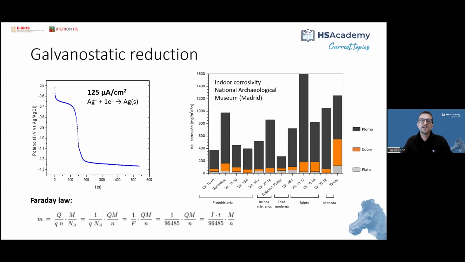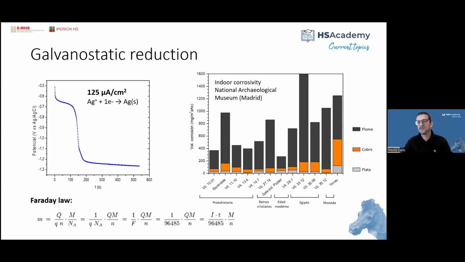And you see in this graph that in the case of lead, we used gravimetric measurements because the corrosion layers were thick. But in the case of copper and silver, the tarnishing layers were very, very thin, and it was not possible to measure them by gravimetric techniques. So we used this electrochemical reduction, the galvanostatic reduction, to measure the thickness of this layer.